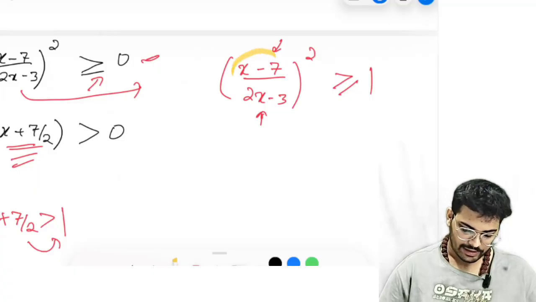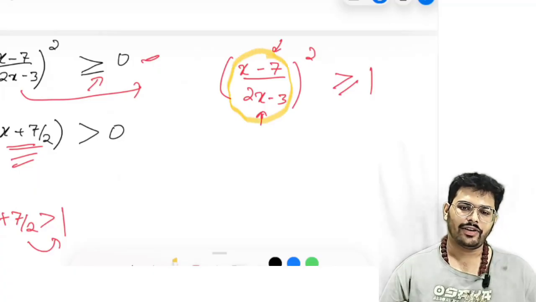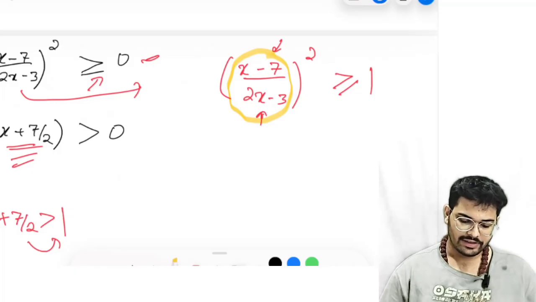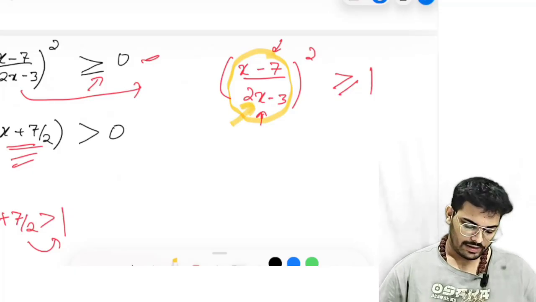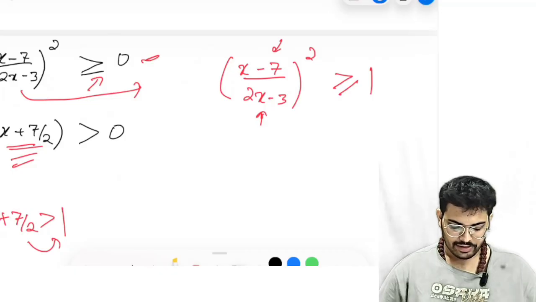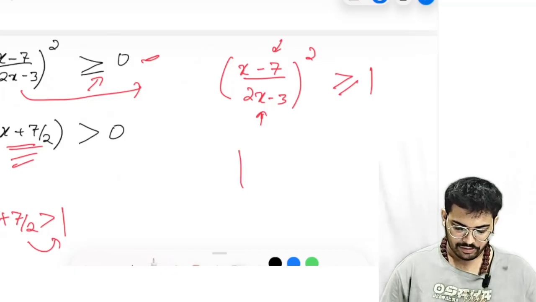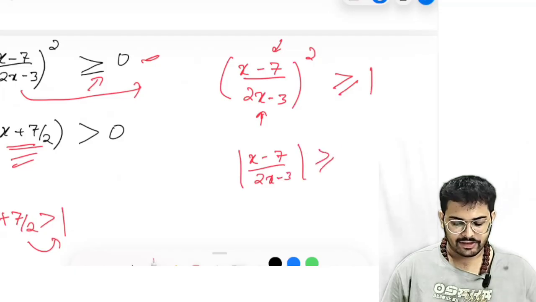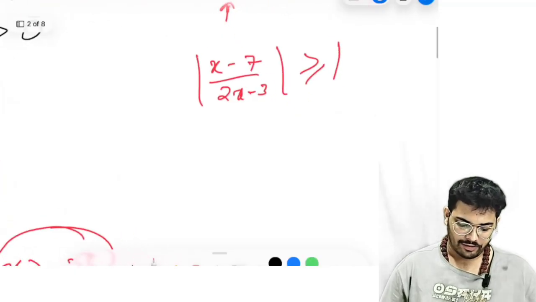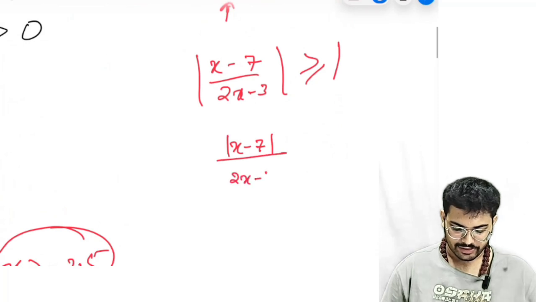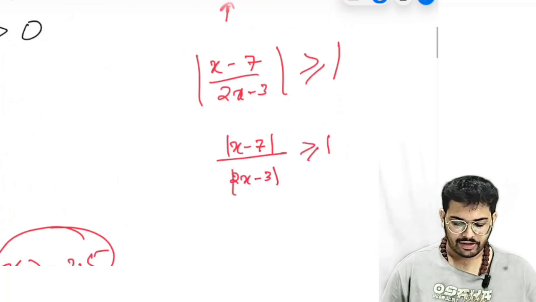Whenever the magnitude of the inside term is greater than 1, the square will automatically be greater than 1. Therefore we just compare the magnitude. When you take the square root, the magnitude of (x minus 7) divided by (2x minus 3) should be greater than or equal to 1.